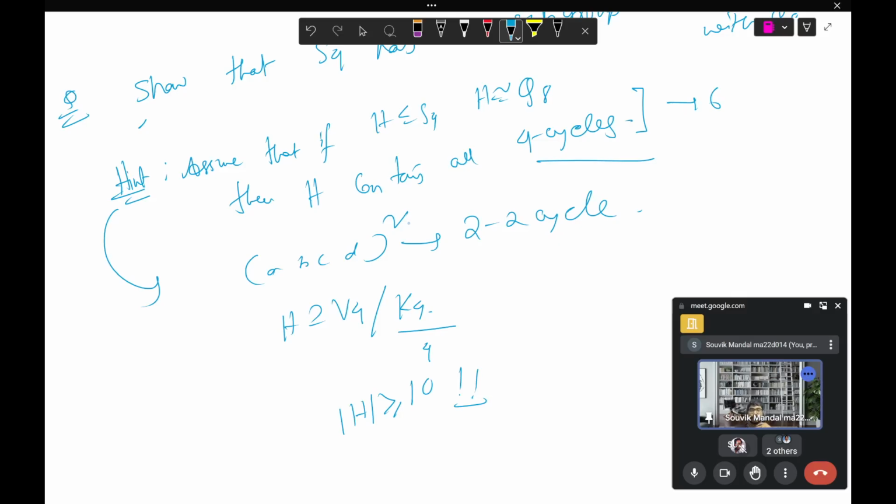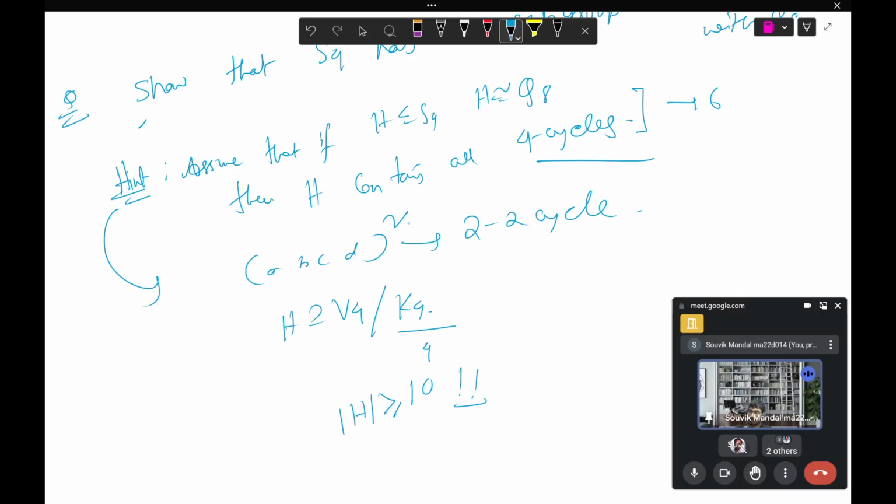Okay. So first, let me do the argument. If we assume that a subgroup H of S4 isomorphic to Q8 contains all the 4-cycles, then if we square all 4-cycles, we get 2-2 cycles. The order of these is 2.